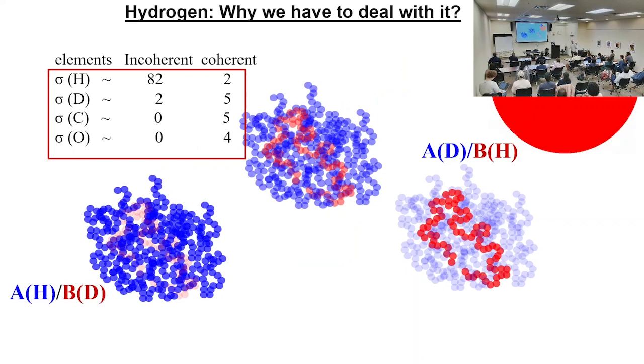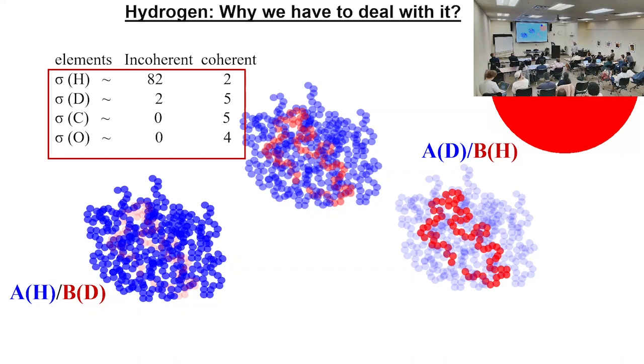Okay, I'm pretty sure you have seen this as well, but you know by now that hydrogen has a very large incoherent scattering cross section in comparison to other typical elements that you would find in soft matter. So if you have hydrogen in your sample, then most of the scattering will be incoherent scattering from those hydrogens.